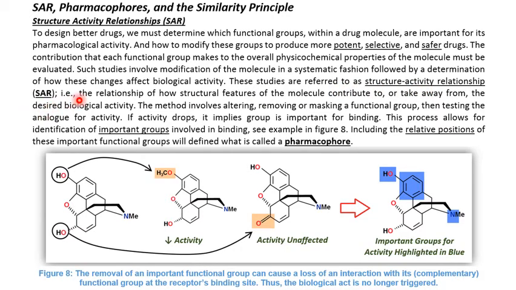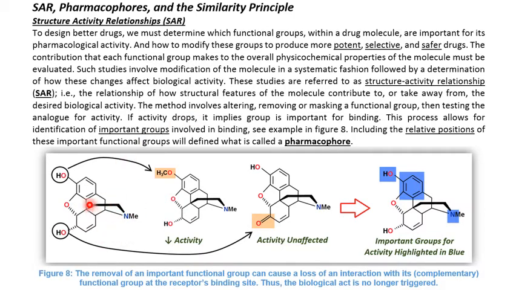We have seen this in an example in the previous session where we have a molecule and we would change the functional group, either alter it, remove it, or mask it, and then see the effect of that on the activity, and then based on the results we can decide on the important functional groups. Once we know what are the important functional groups, then if we identify the relative positions in space for these functional groups, we define what's called a pharmacophore.